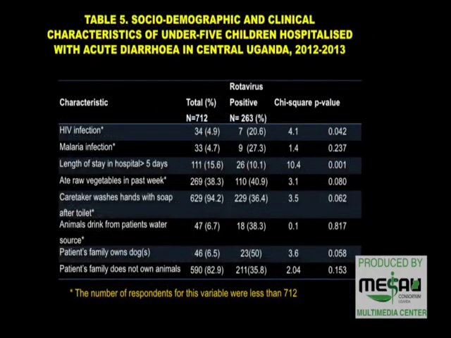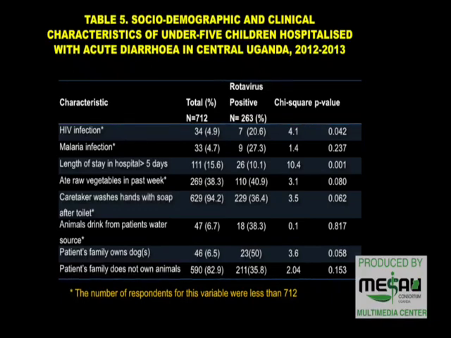HIV infection was present in 4.9% of the children, and malaria was present in 4.7% of the children.